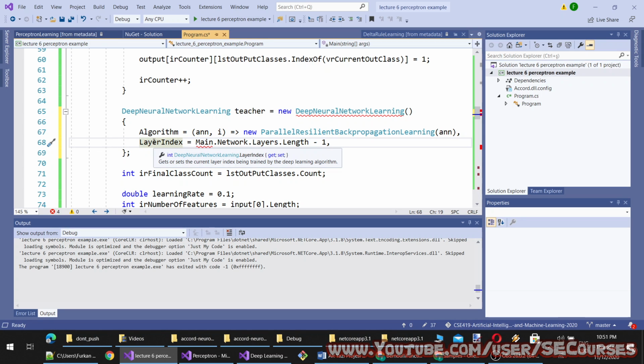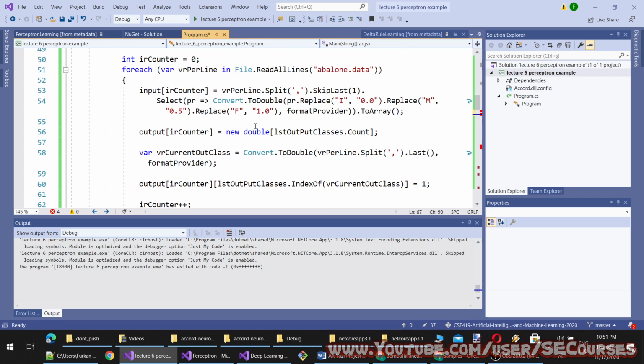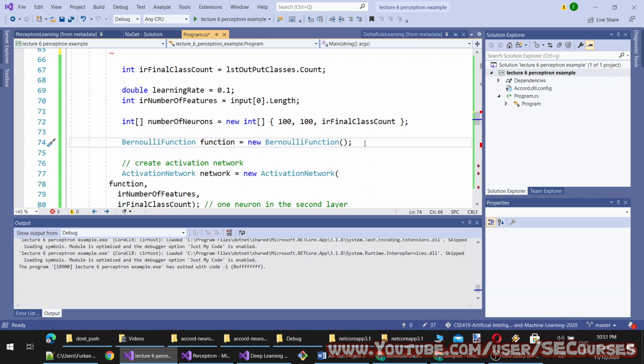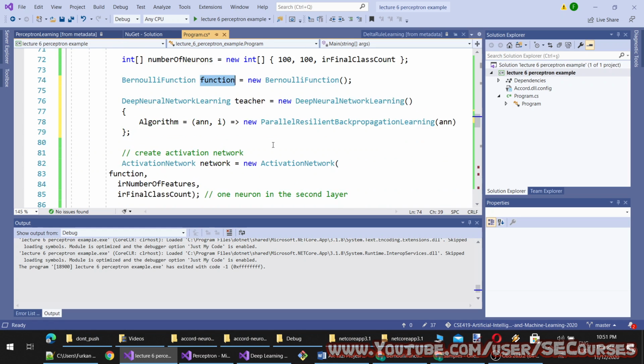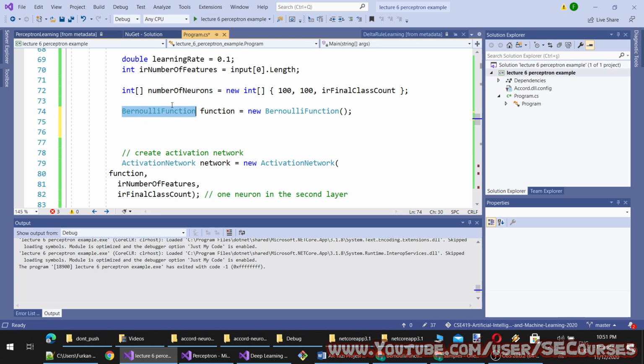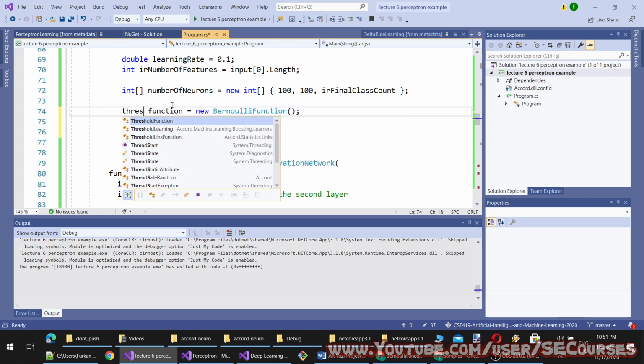What is this? Okay, let's remove it. It requires a network. Let's use a threshold function perhaps.